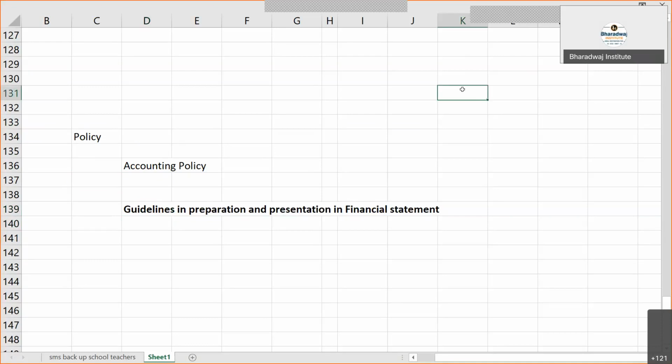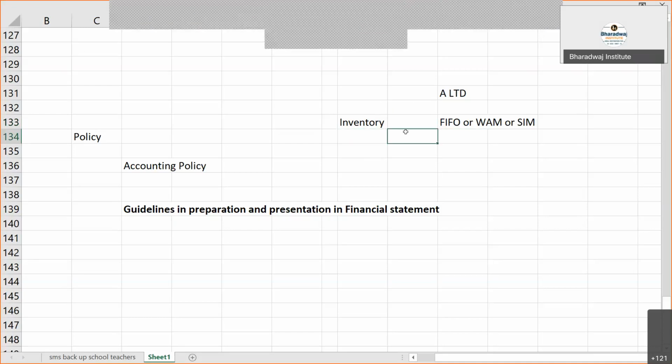For example, you are joining A Limited. Which method will they follow for inventory? Is it FIFO or weighted average method or specific identification method? Which method will they follow? You're joining the company A Limited as a new accountant or a cost accountant. Which method will they follow?